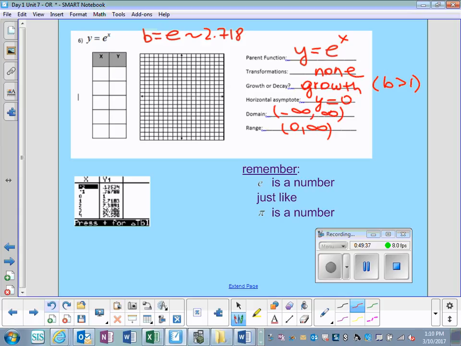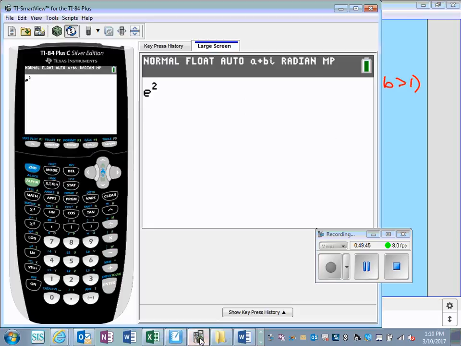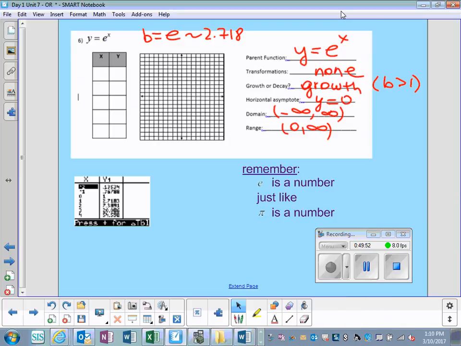So you can enter it into the calculator, or you can just write the approximate shape. You will not be able to do it very exactly, so I'll just do the approximate. If my x is 0, then my y is what? 1, right?